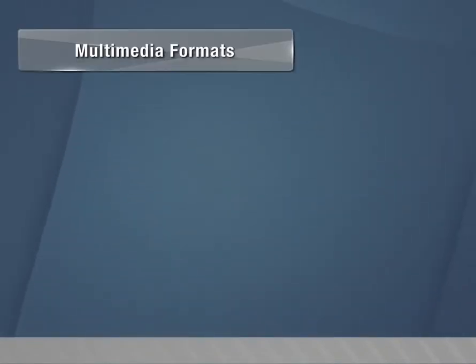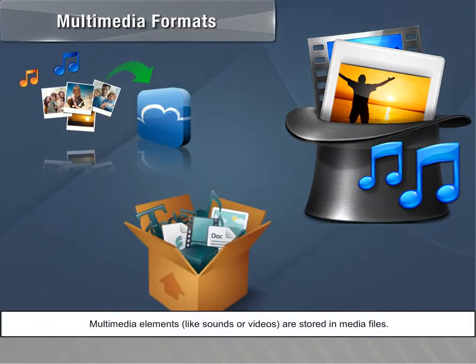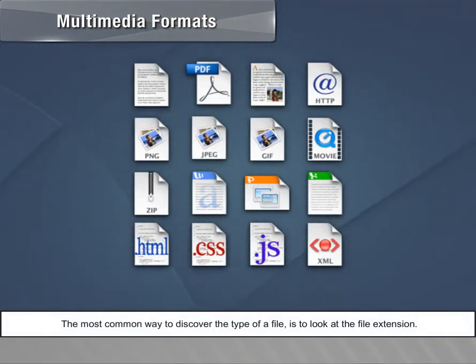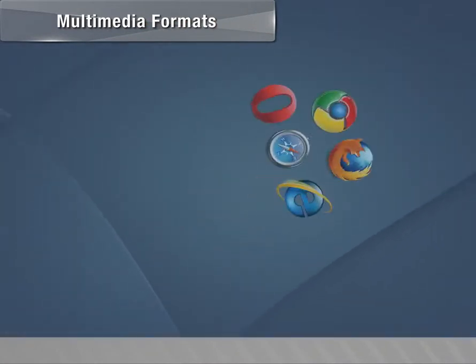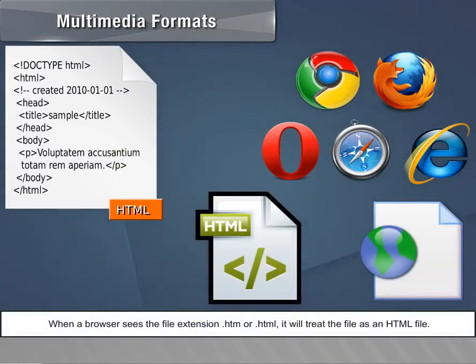Multimedia formats. Multimedia elements like sounds or videos are stored in media files. The most common way to discover the type of a file is to look at the file extension. When a browser sees the file extension .htm or .html, it will treat the file as an HTML file.